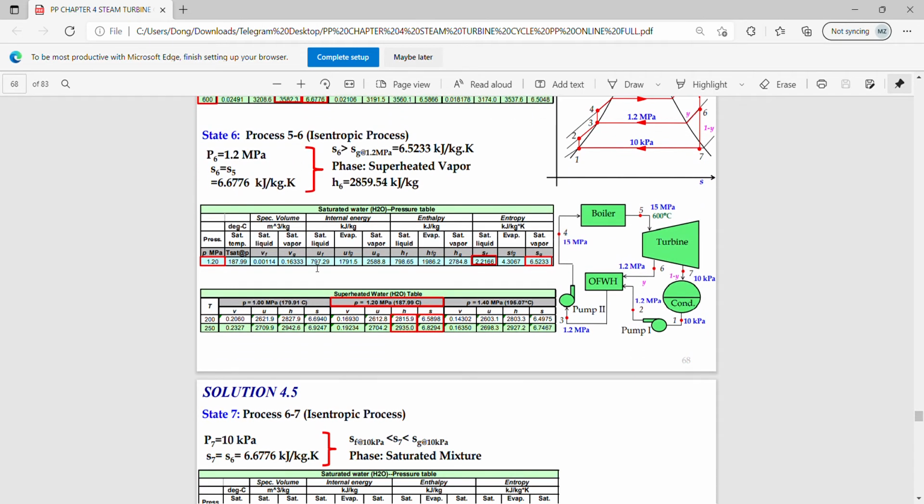So next we move to state 6. P6 equal to 1.2 megapascal. S6 equal to S5, 6.6776.